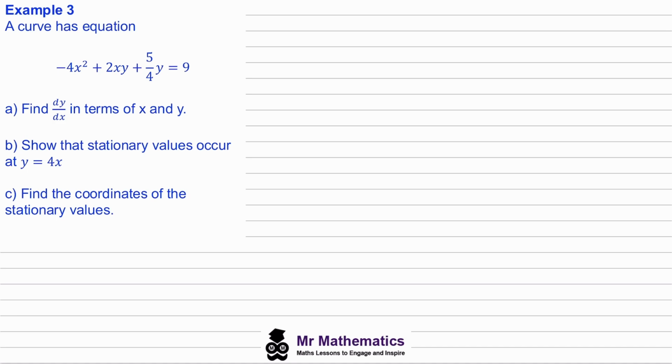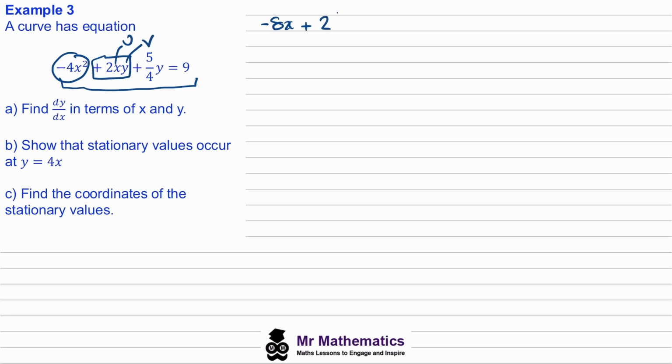Okay, so welcome back if you had a go. So we'll differentiate each of these terms with respect to x. When we differentiate this one, we get negative 8x. We need to use the product rule to differentiate this. We'll let the x be our u term and the y be our v term.